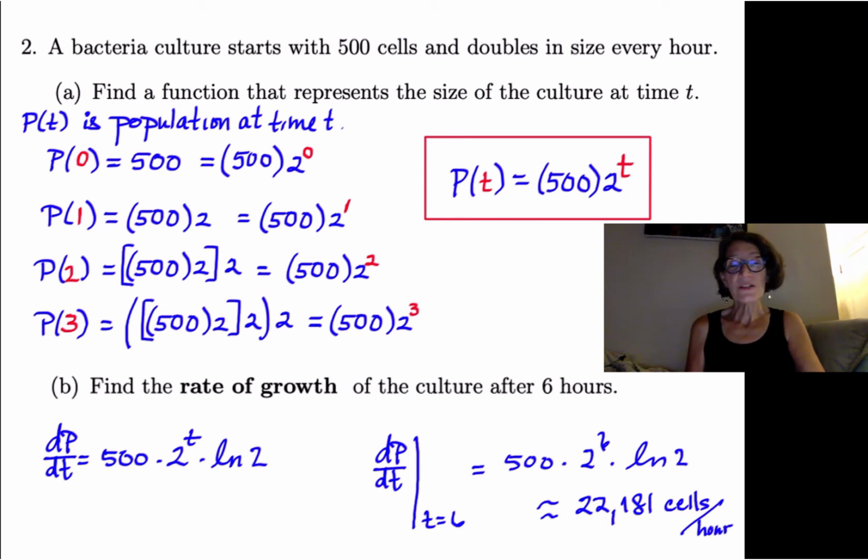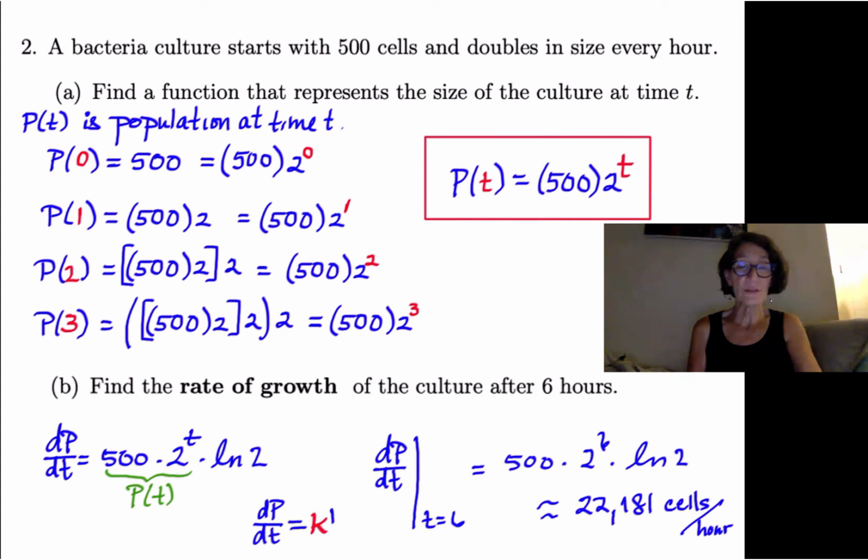All right. So now, just for a minute, take a look at that derivative, dp/dt. Notice that dp/dt is really the function p of t times a number, the natural log of 2. So the population function that we got satisfies this equation.